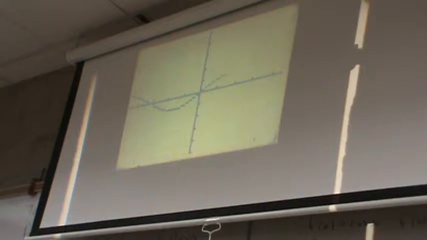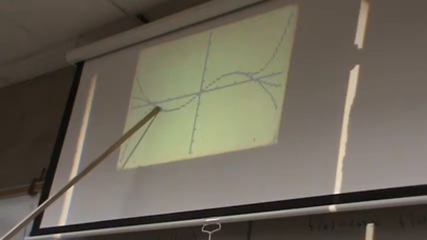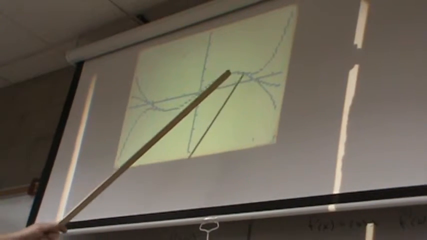So here's my sine curve. Here comes my 5th order approximation. And here comes my 7th order approximation. I hope you see my 5th order approximation is good from about right here to about right here.